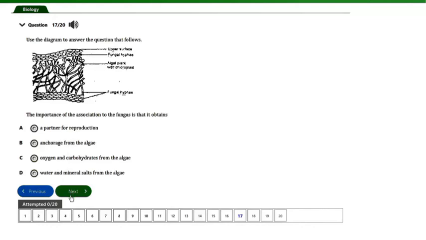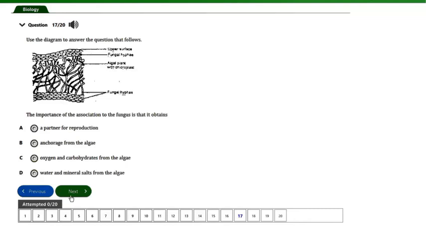That's question number 17. The question says, use the diagram to answer the question that follows. The importance of the association to the fungus is that it obtains A. a partner for reproduction, B. anchorage from the algae, C. oxygen and carbohydrates from the algae, and D. water and minerals from the algae.